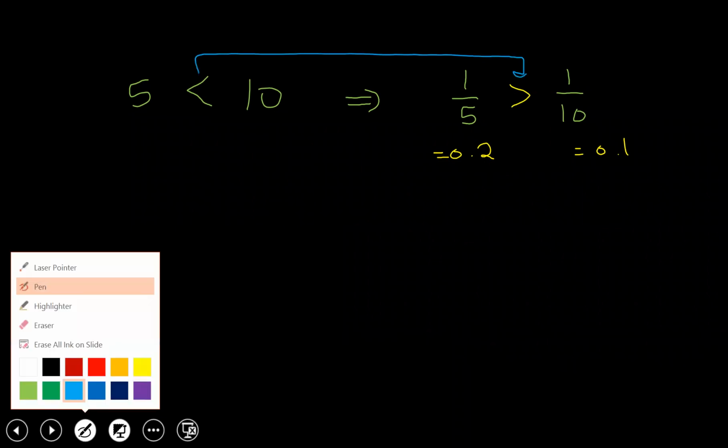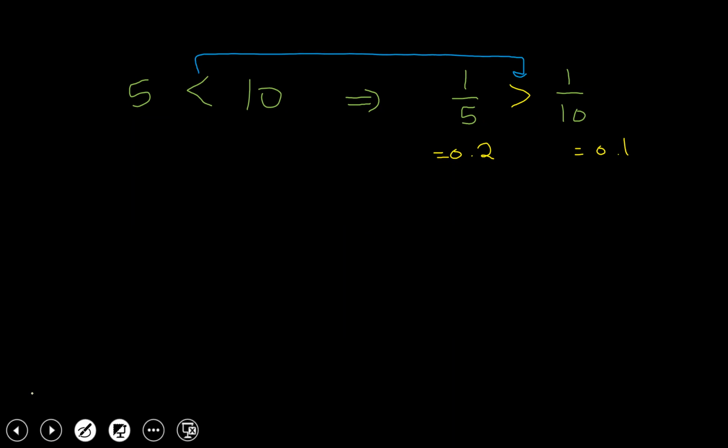Now, what if we have two negative numbers? Let's say -5 and -10. Which is the greater? -5 is the greater. Now, when we find the reciprocals, 1 over -5 and 1 over -10, this is -0.2.